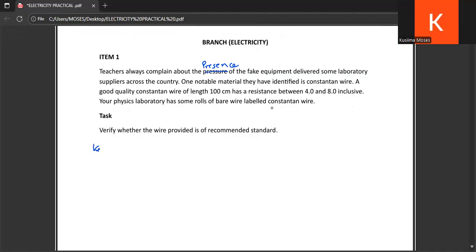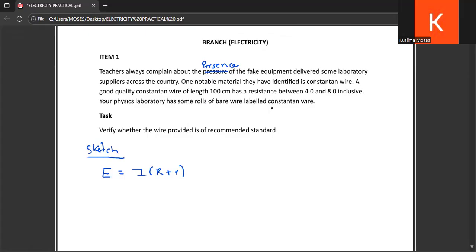This is sketchwork. We have E = I(R + r), where E is the EMF of the dry cell, I is the current flowing in the circuit, R is the resistance of the wire, and small r is the internal resistance of the dry cell.